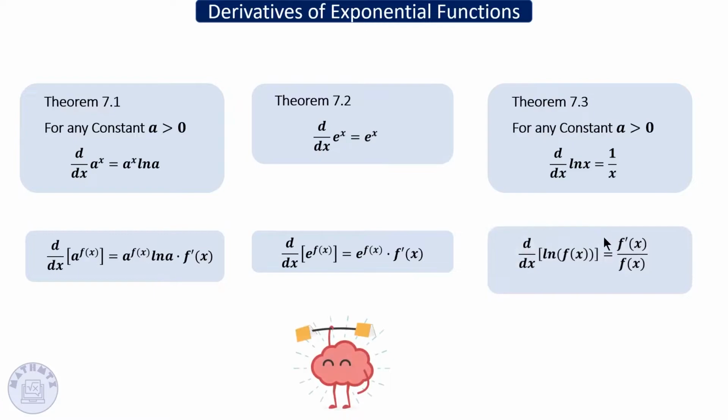And last, you can see here, ln of f of x, the derivative will be the derivative of what's inside the ln over the term inside the ln. That's all. So you need to memorize these in order to solve the questions.